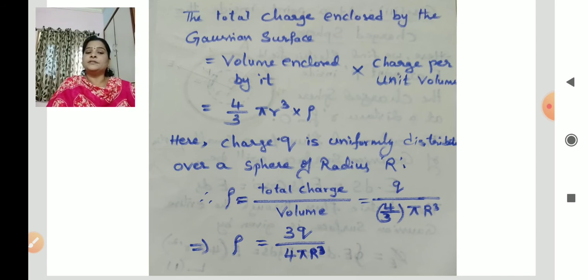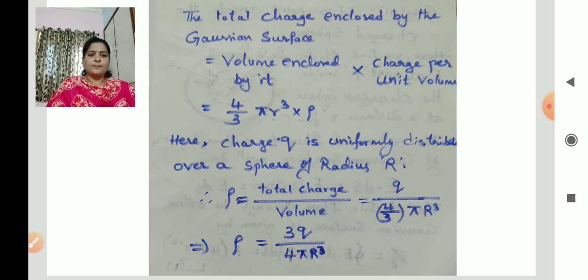Therefore I wrote this rho as equal to total charge by volume, the total charge enclosed throughout this charged sphere. So the charge is Q, and the volume is 4 by 3 pi R cube.